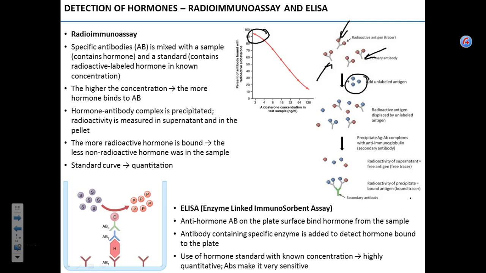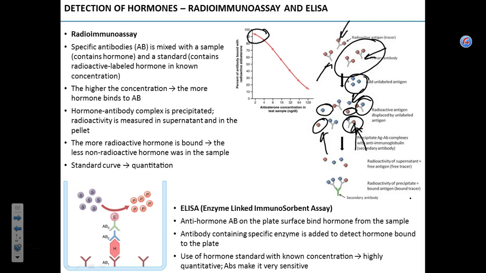So they're going to compete. Okay? So some of the radioactive hormone that would otherwise be bound to the antibodies will become free. Does that make sense? Then what you do, you separate the antibody fraction and the hormones that are not bound to it. Separate them. And then you can measure the percentage of radioactive hormone that is left in the solution or that is bound to antibodies.